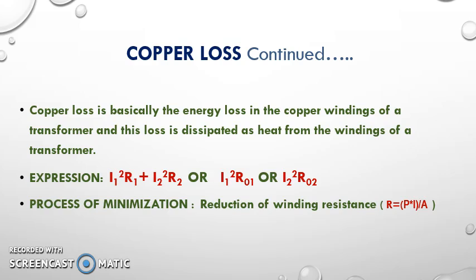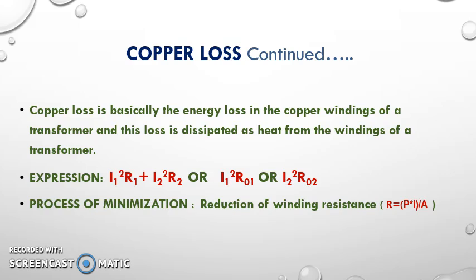If we shift all the parameters of the primary side into the secondary side and find out R02, that means the total equivalent resistance referred to the secondary, then I can also get the total copper loss by the expression I2 square R02.